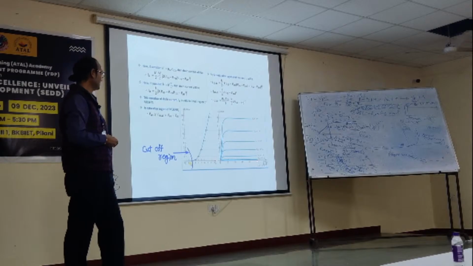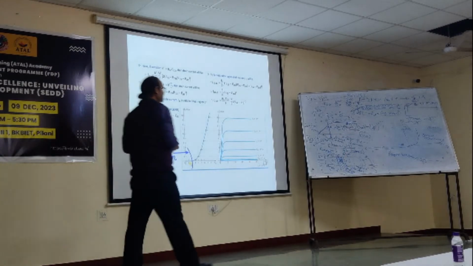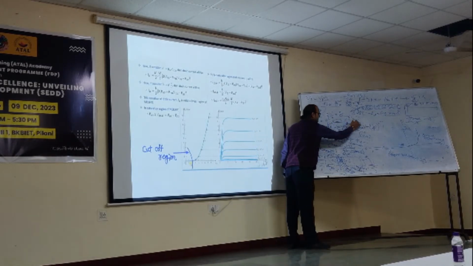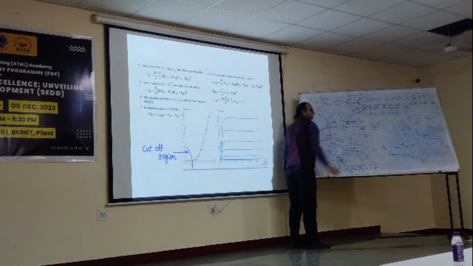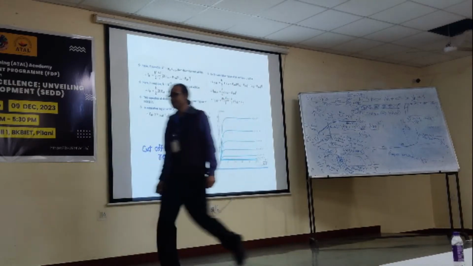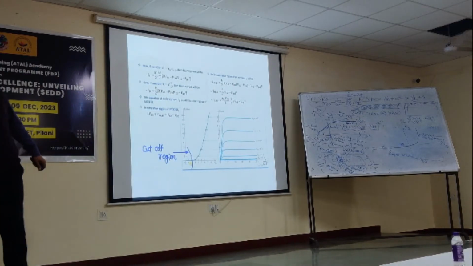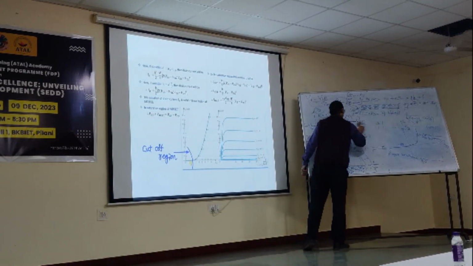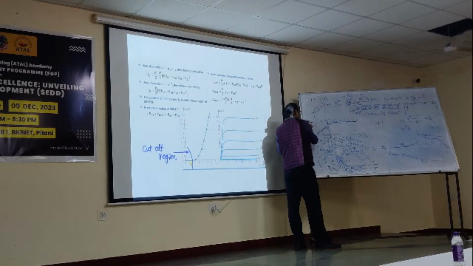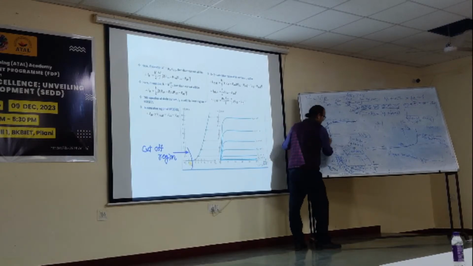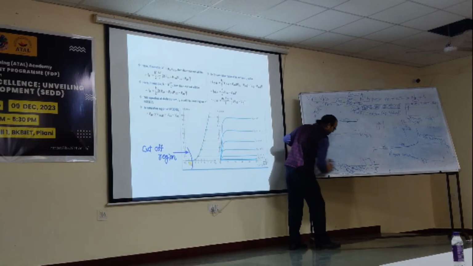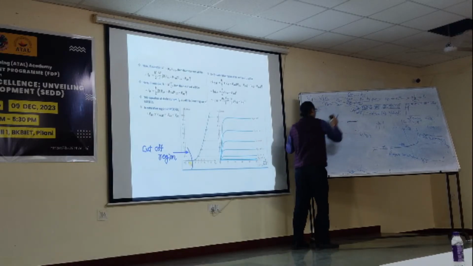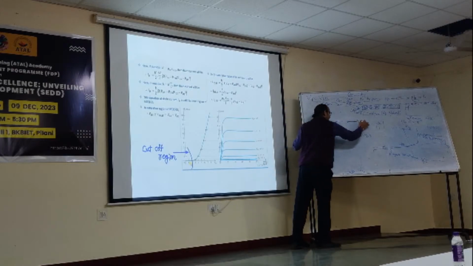For example, in this case, I had any gate voltage, say VGS1. Everything was fixed here. Now, I will increase the gate voltage.